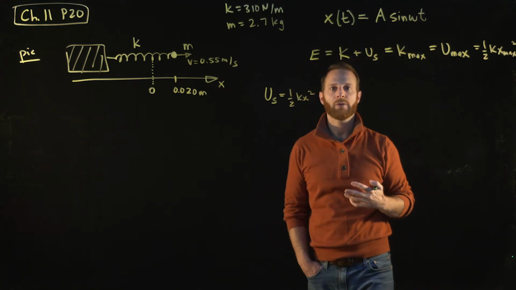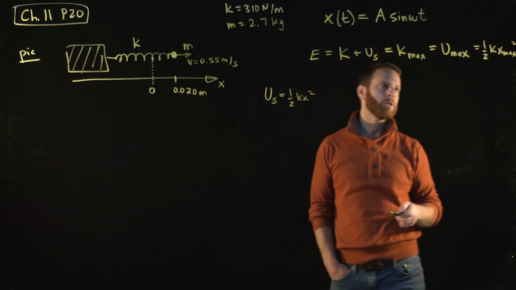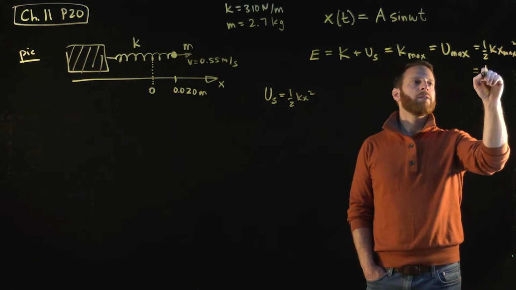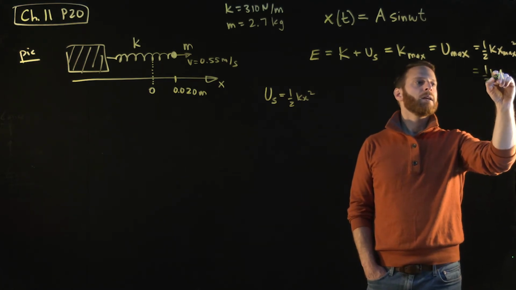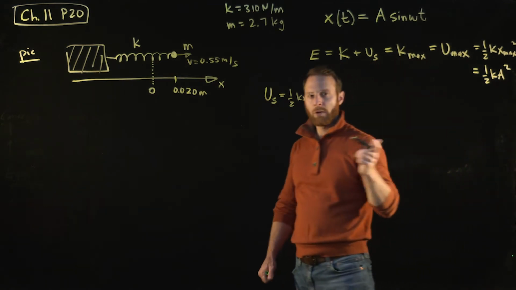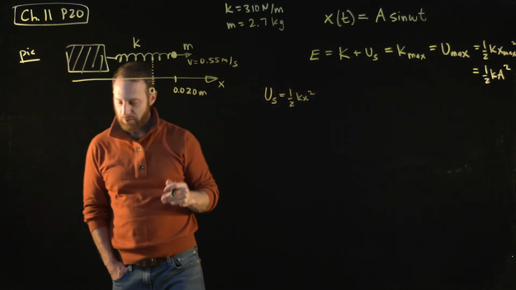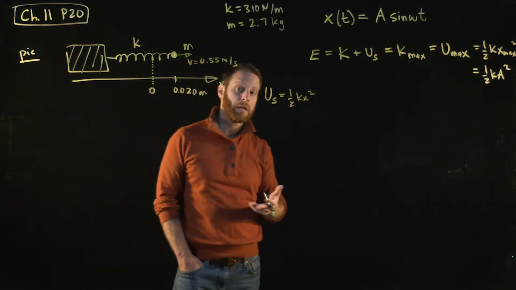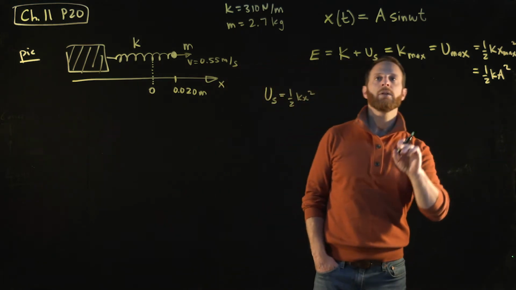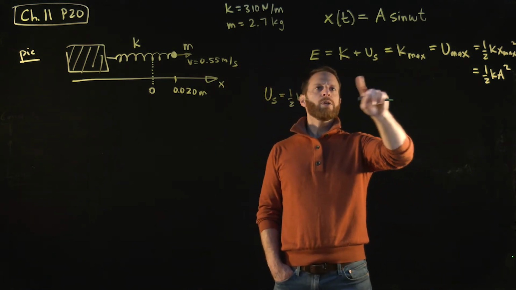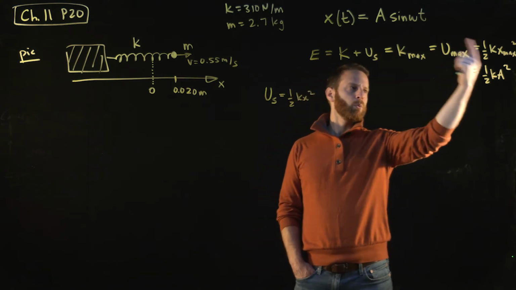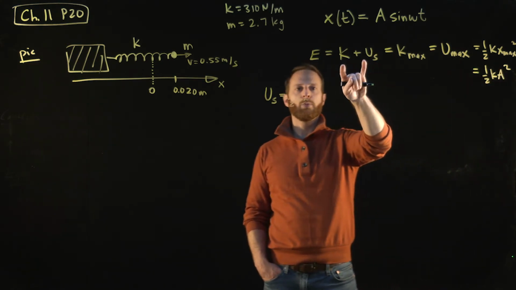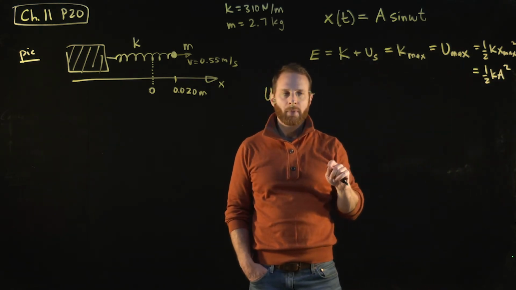Sine can't be any bigger than 1 or minus 1 at the other extreme. So in fact, this is 1/2 k A squared. That's one place where the amplitude comes in, and it's the only place I can think to introduce it. Whatever this is equal to will give us an amplitude. So if we can determine the kinetic and potential energy, then we'll be okay.